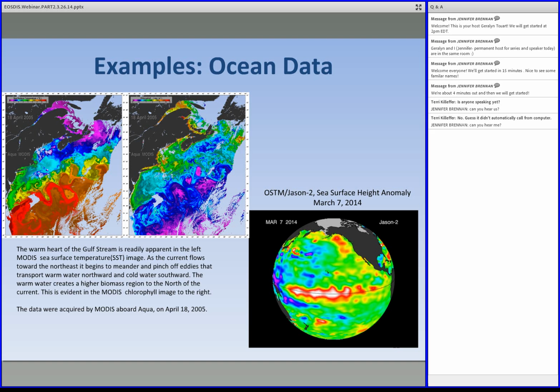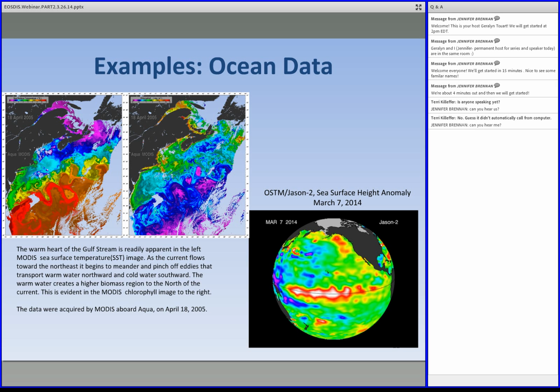All right. The image on the right is the latest image from the Ocean Surface Topography Mission, or JASON-2 satellite. JASON-2 is a follow-on providing an uninterrupted time series for sea surface height that originated with our Topex Poseidon platform. Jason uses radar altimetry to collect sea surface height data.